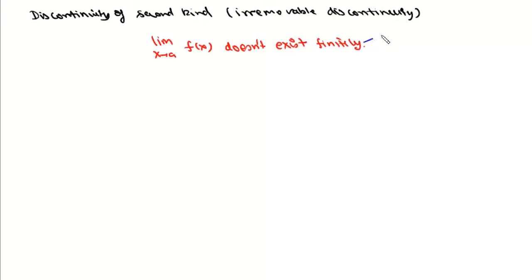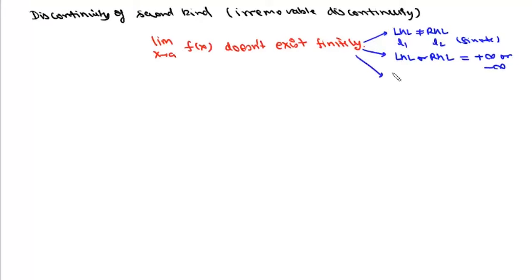Now here we'll have three cases. In this first case, both left hand limit and right hand limit are finite, L1 and L2, but they are not equal. So these values are finite, but the values are not equal. In the second case, one or both of left hand limit or right hand limit is plus infinite or minus infinite.